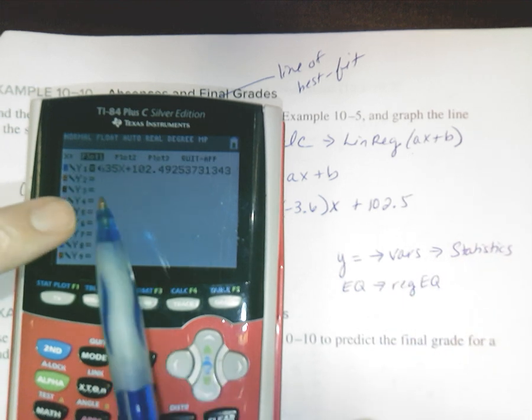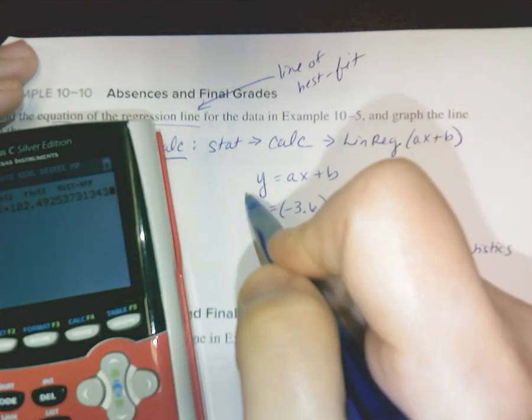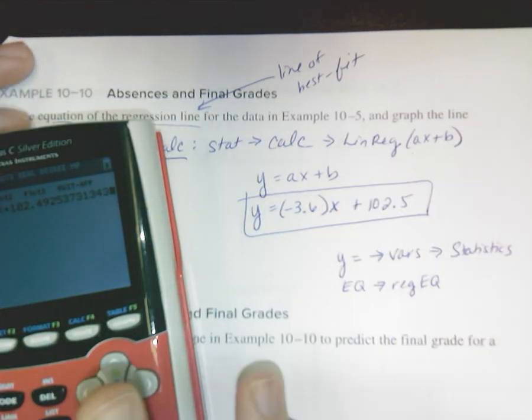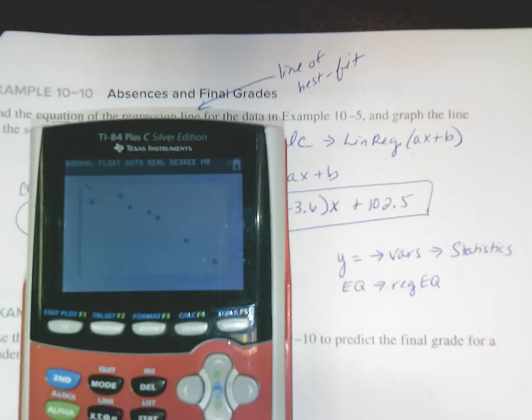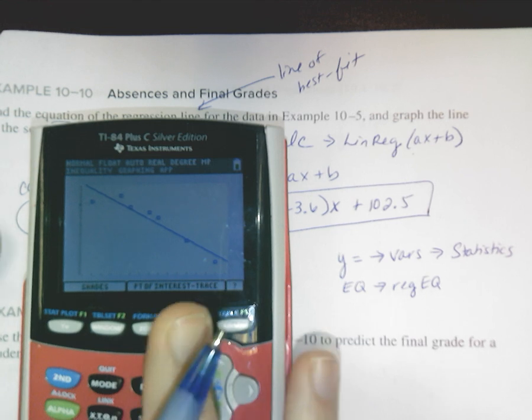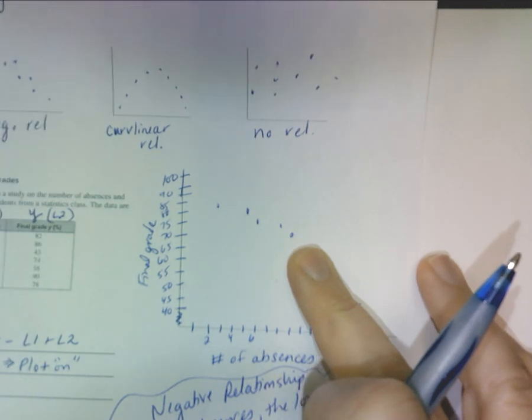And what it did is it actually just pasted this formula, this regression equation, into my lovely calculator. And now I'm just going to hit graph. And that right there is the regression equation, or the line of best fit. Okay? And you can plot it on your graph if you're doing your project.